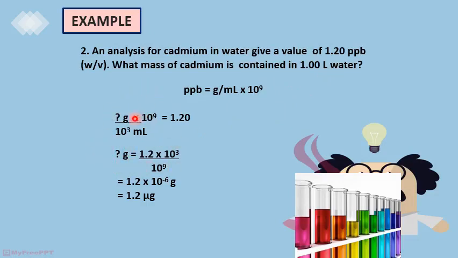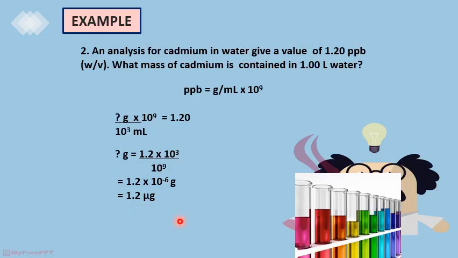Finally you will get the mass in unit gram, 1.2 times 10 power of minus 6 gram. Since the question does not mention the unit for the mass, you may leave your answer in unit gram, or you may use the unit microgram. It is 1.2 microgram. That's how you answer this question.